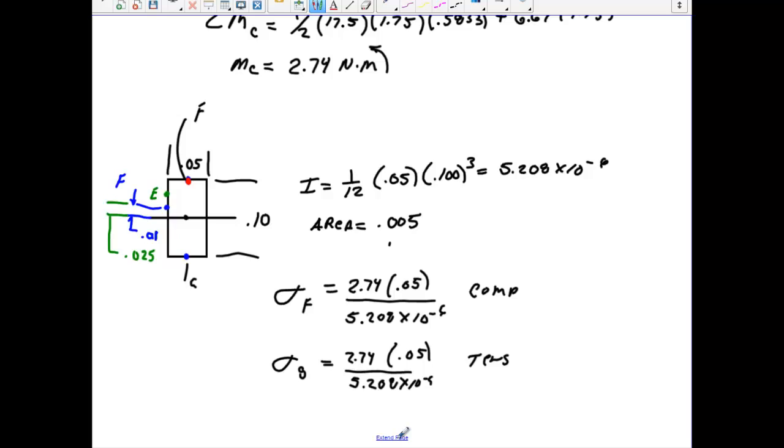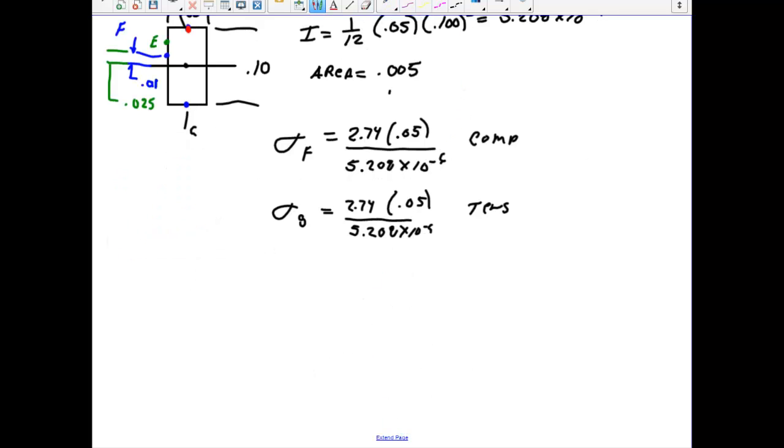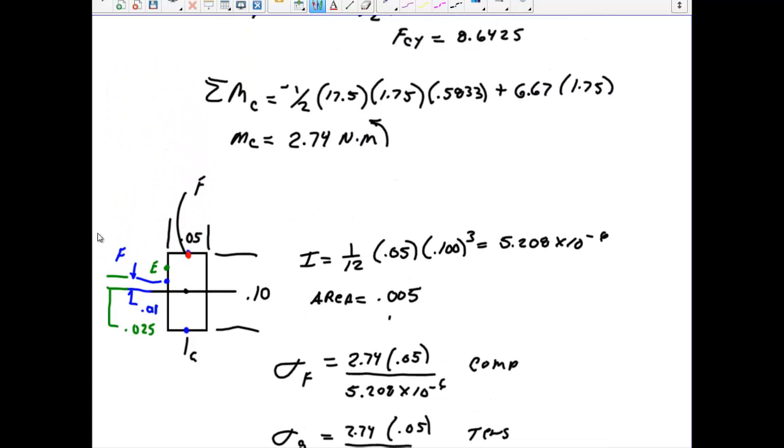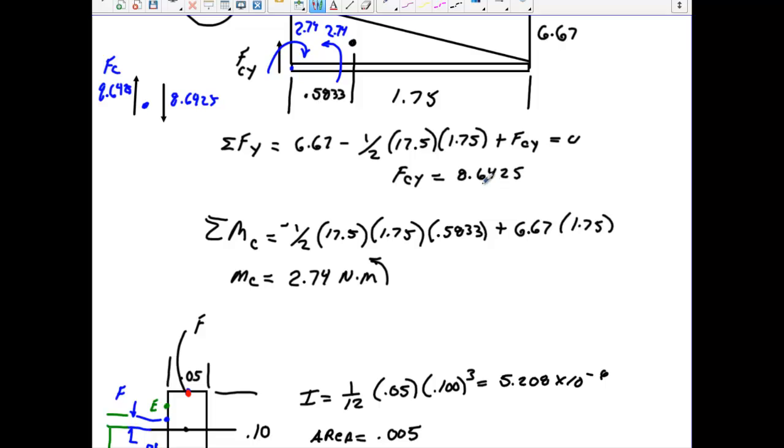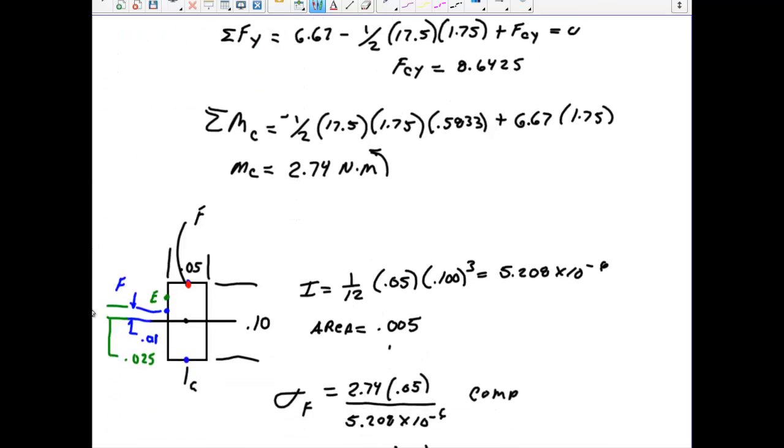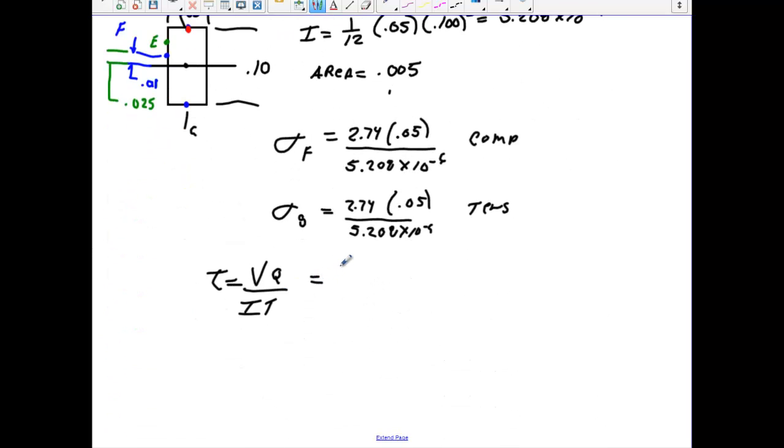Alright, now let's talk about shear. If you need to find shear stress on the test, it's going to be VQ over IT. You go back and you say V is going to be 8.6425. That's the force that's cutting across here, which we got right here.